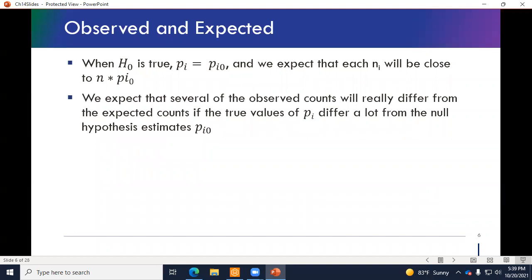So when H null is true, pi would equal to, sorry, I forgot to change the notation here. Pi equal to pi star. It's not pi 0. And we expected that each ni will be close to n times pi star. I will correct this on the uploaded slides.